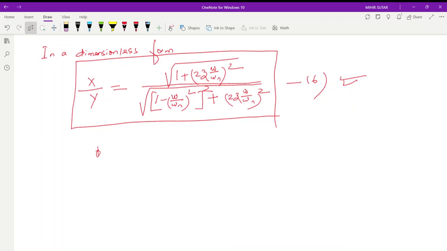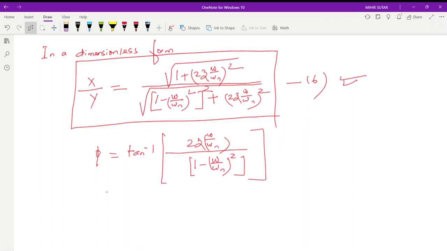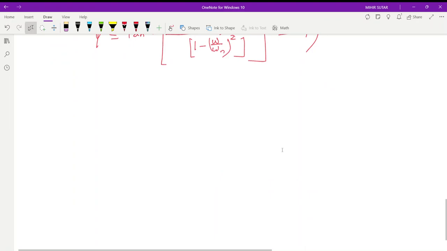Now the angle phi, the phase lag, is tan inverse of 2 zeta omega by omega n divided by 1 minus (omega by omega n) square. Okay. You can say this is equation 7.